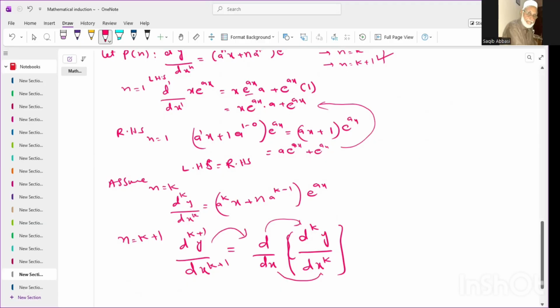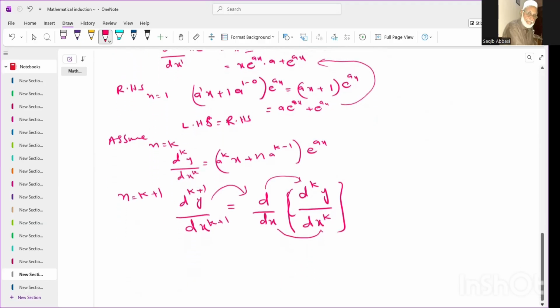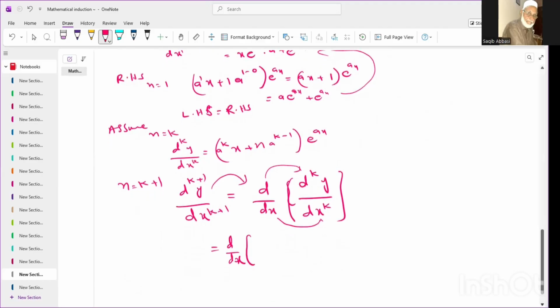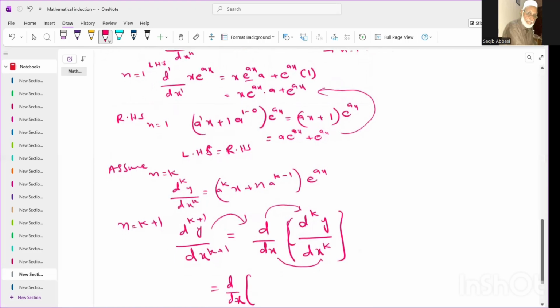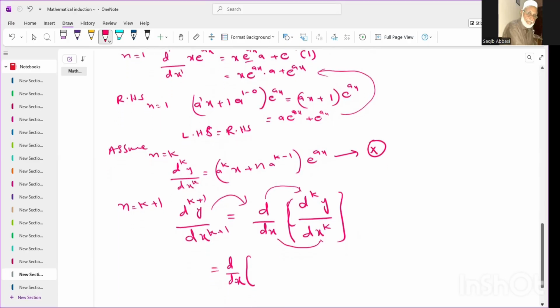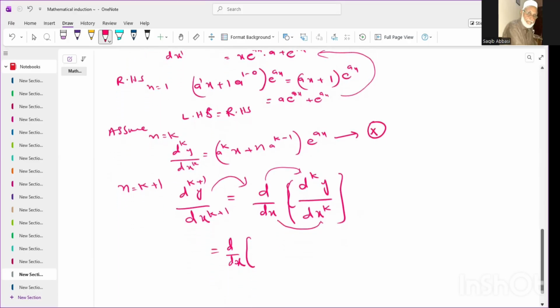So we can write it in this form. After doing all these things, we have to write d over dx. Now d over dx, and what is the value of d^k y over dx^k? Above, we know this is our equation of d^k y over dx^k. We write it in x. We put the x equation here.